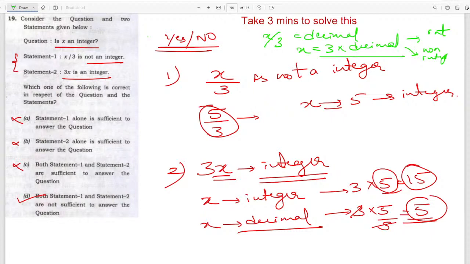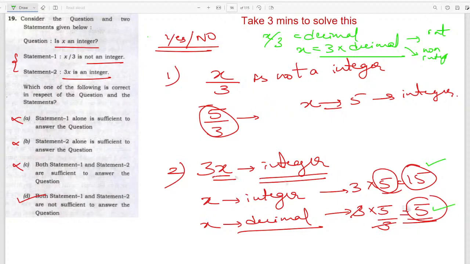Now taking statement 2 alone, 3x is an integer. For example, if I take x as an integer, 5, I would get 3x as an integer. But even if x is a decimal, that is 5 by 3, 3x will also be an integer. So 3 into 5 by 3, the 3 cancels, and 5 would be the answer.